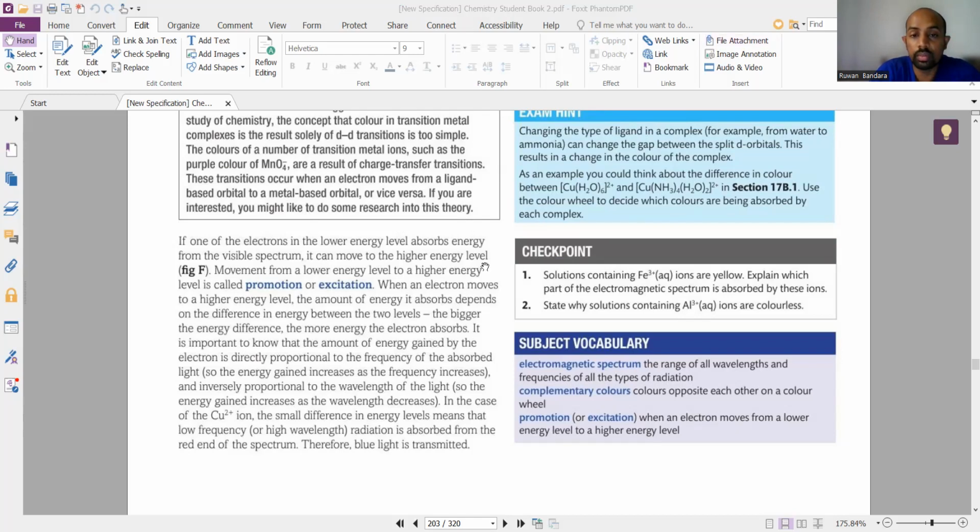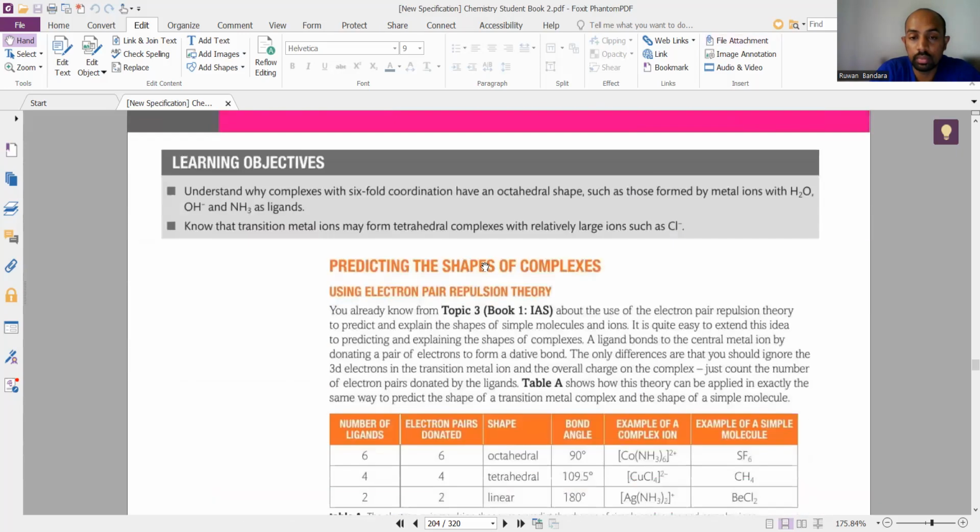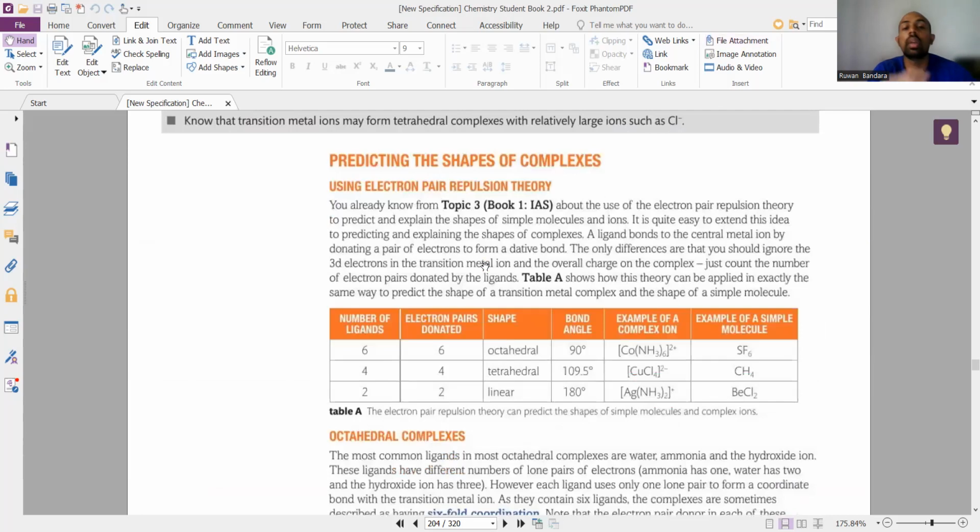Moving on. Predicting the shapes of complexes. Complexes too have shapes, and the shape simply follows the electron pair repulsion theory.